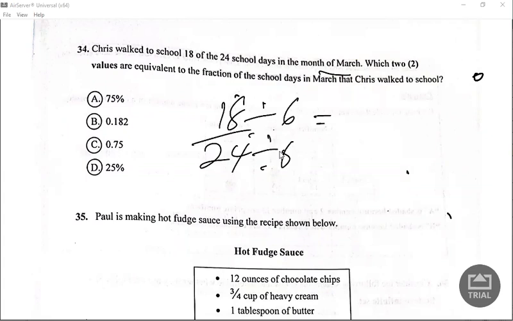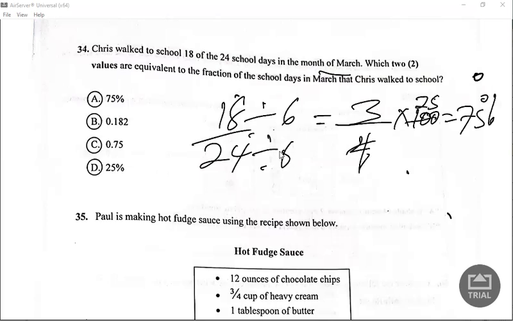So that's 3/4. 3/4 is the same as 75%. 25 times 3 is 75, right? So that means it's this as a decimal and this as a percentage. So it would be A and C.